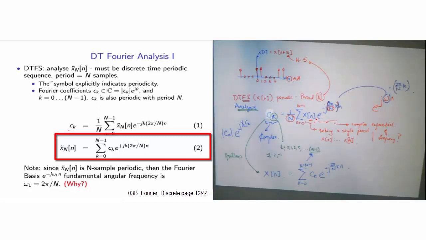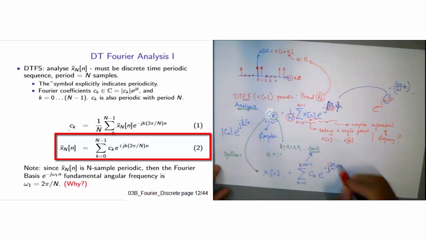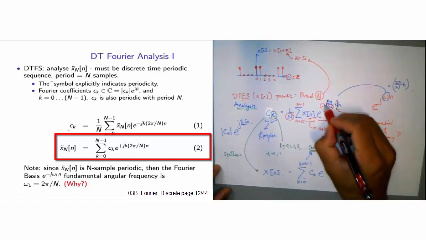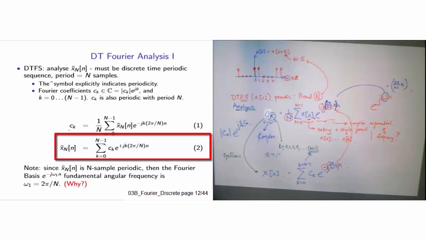Yep. So again, you see this is exactly this. The only change is the sign of the complex exponential. Ck is what we have found in the analysis, and we are fine again.